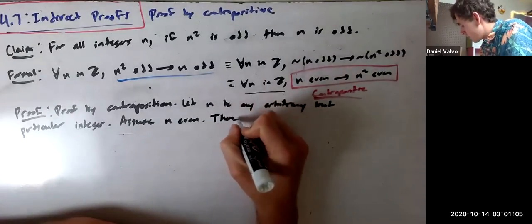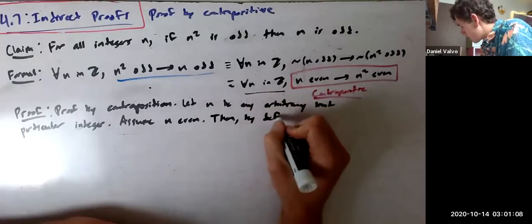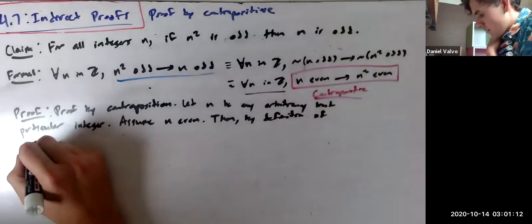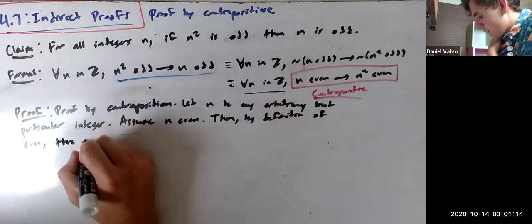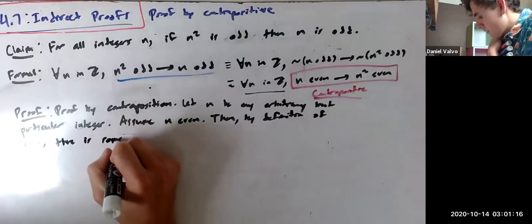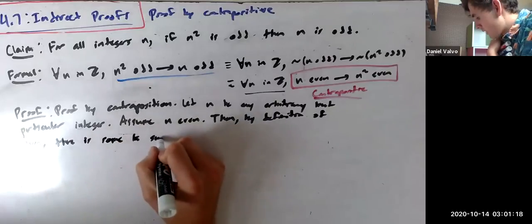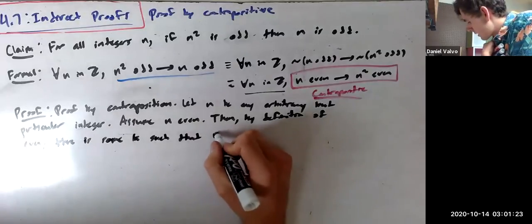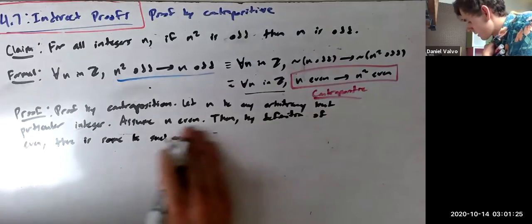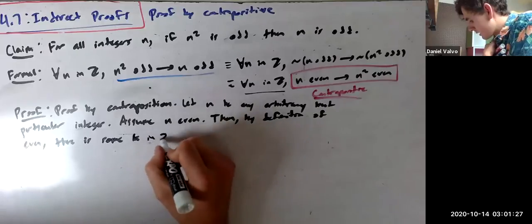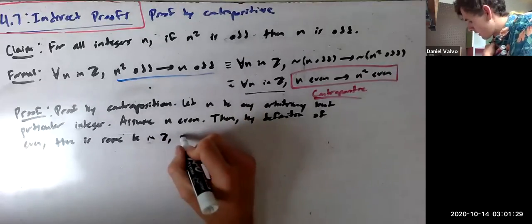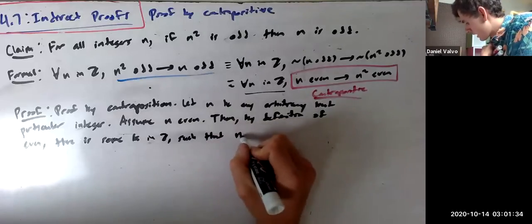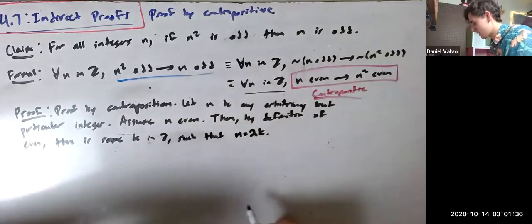Then by definition of even, there is some k, or some k in z, it's got to be an integer k, that's the whole point, such that n equals 2k.